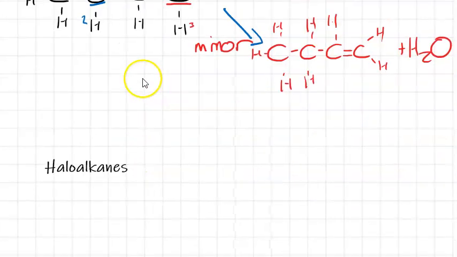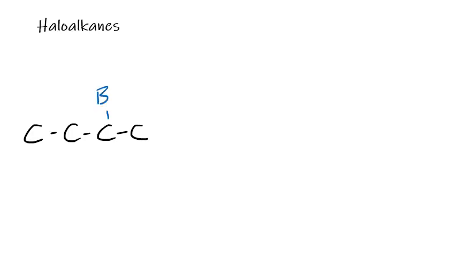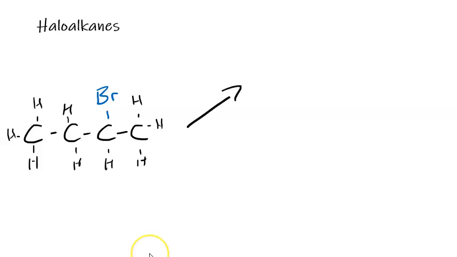The other type of elimination reaction we can have is for haloalkanes, and we're going to do exactly the same length carbon chain, 1, 2, 3, 4, and why not do a bromine? We'll do a bromine coming off there, and then we've got hydrogens coming off the rest of the carbons. The reagent that we would use to do an elimination reaction of haloalkanes is potassium hydroxide, KOH, and it would be in alcohol.